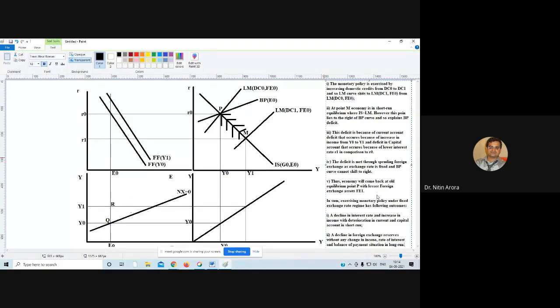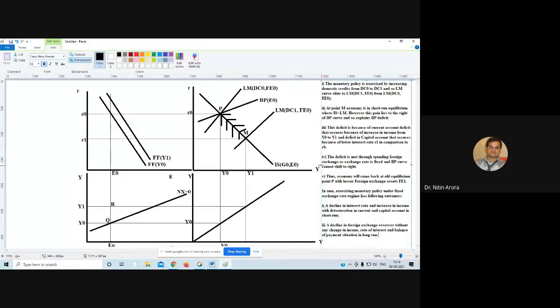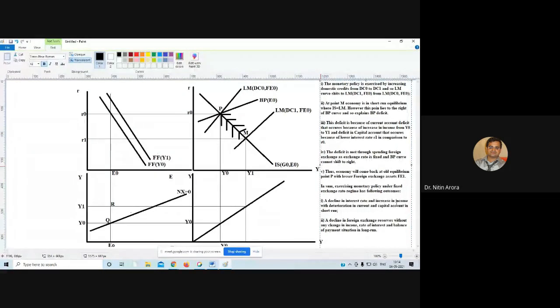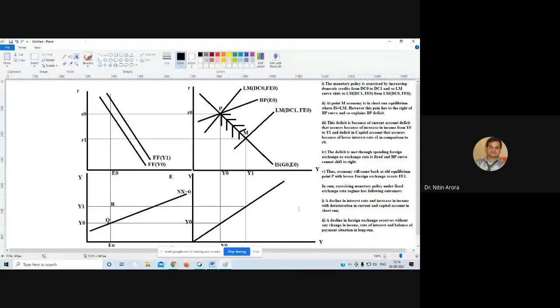This is the effectiveness of monetary policy in an economy where exchange rate is fixed and capital is partially mobile, not fully mobile. Okay. If you have any question, you people can discuss right now.